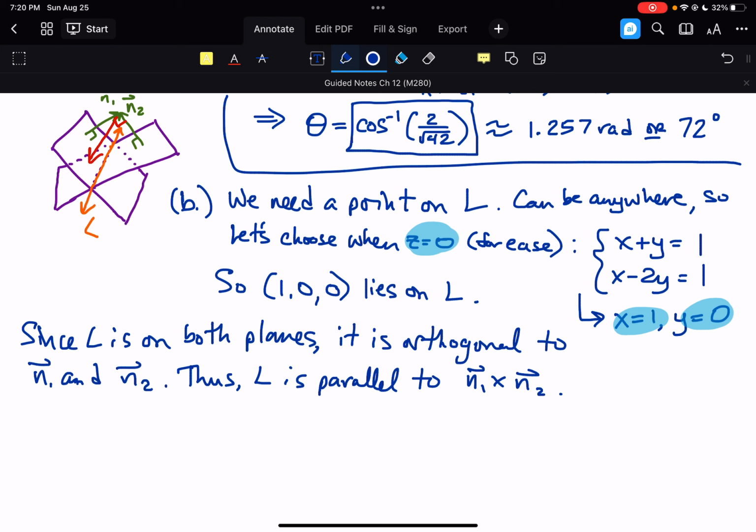So to get our direction vector V, we're going to cross N1 with N2, so that's (1, 1, 1) and (1, -2, 3). Run that cross product, we get 5i minus 2j minus 3k.